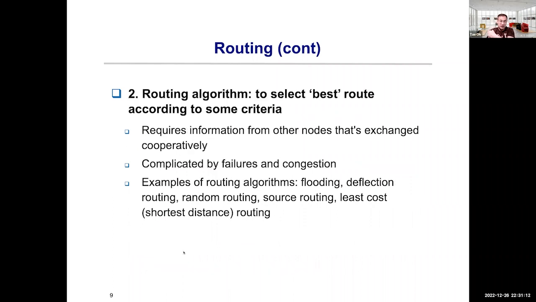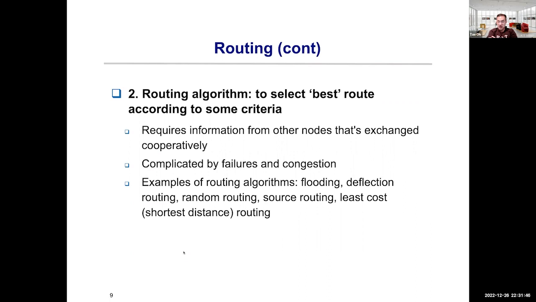When you talk about the routing algorithm, it selects the best route according to some criteria, like what I mentioned: do you need bigger bandwidth? What's your delay? That's what internet services call an SLA, a service level agreement.